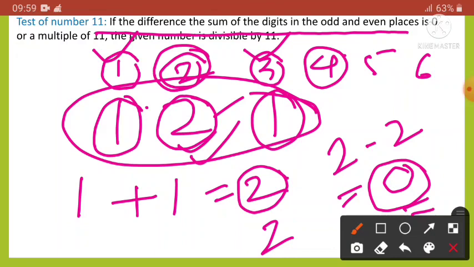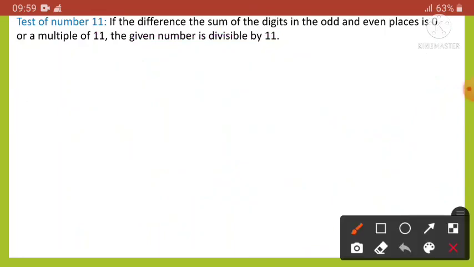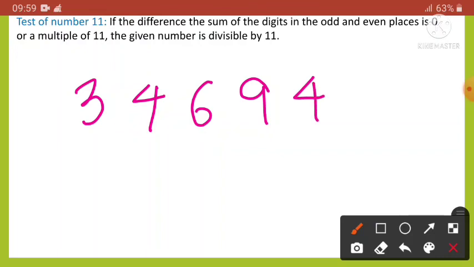It is divisible by 11. Let's take an example, suppose I am taking 3, 4, 6, 9, 4. So it is the first place, the second, the third place, the fourth place, the fifth place.